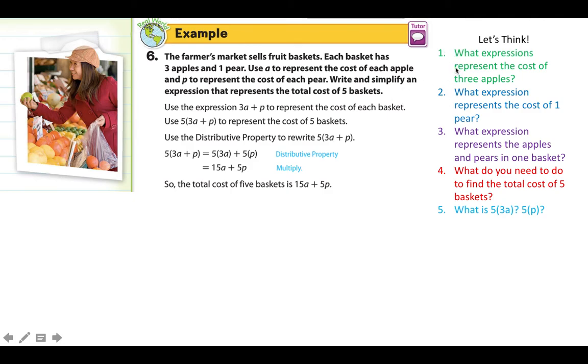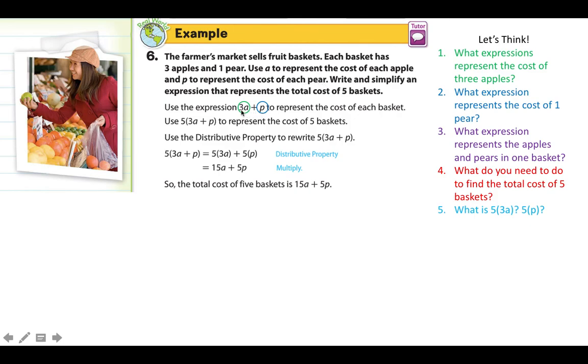Now let's think about this. What expression represents the cost of 3 apples? Well, A represents the cost of 1 apple, so 3A is going to be the expression that shows the cost of 3 apples. What expression shows the cost of 1 pear? Well, that's just P. We're told that P represents the cost of each pear.